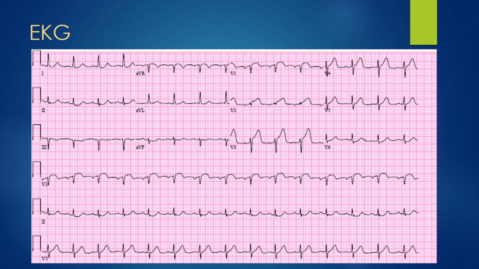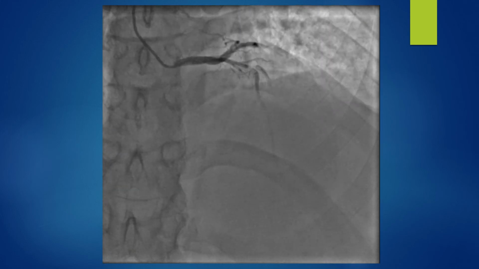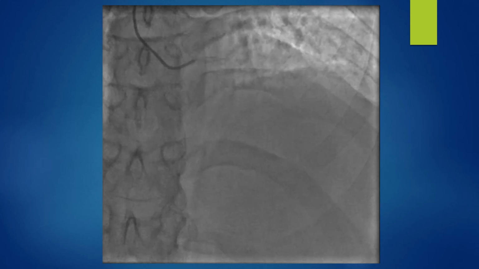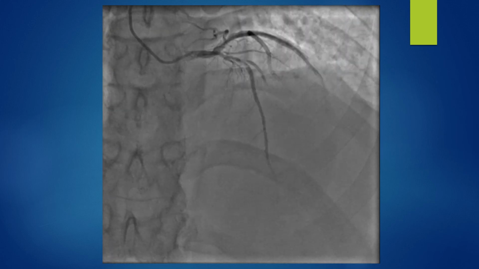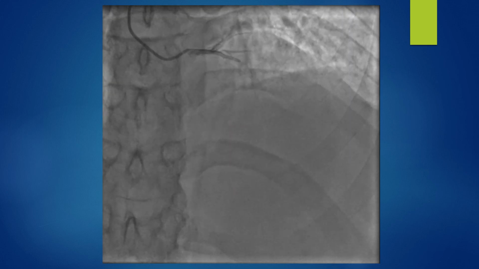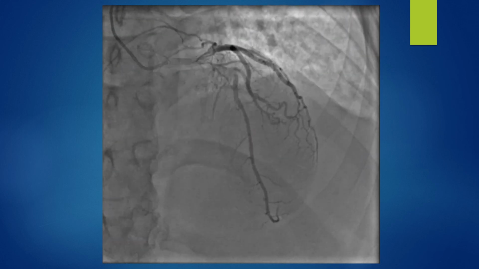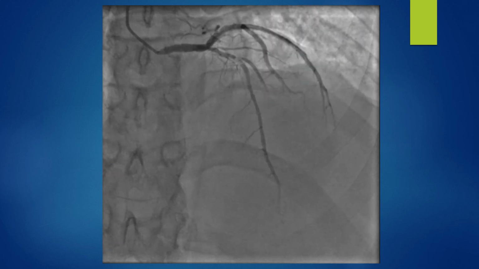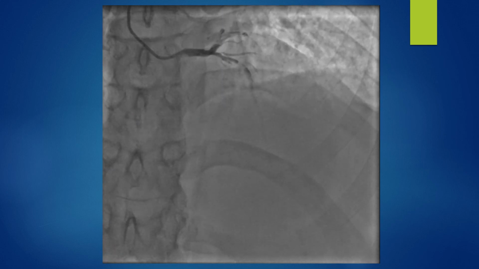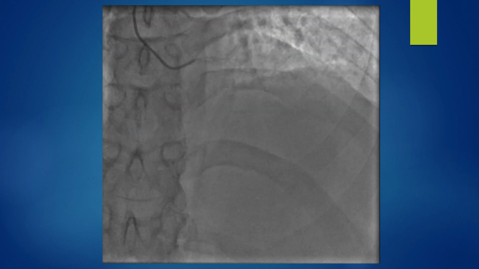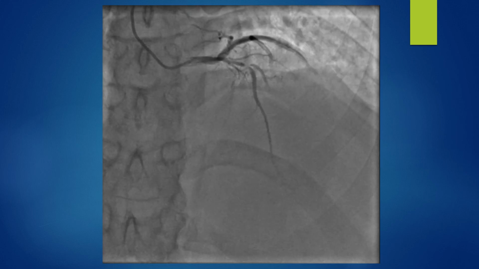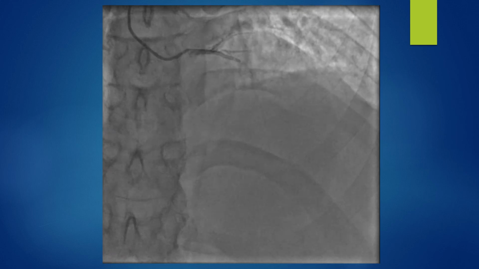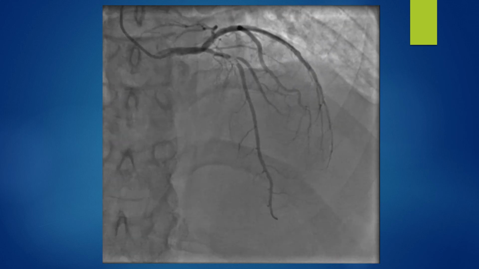His EKG shows acute anterior ST elevation myocardial infarction. His diagnostic angiogram was performed using a right radial approach and 6 French slender sheath, a 5 French catheter, showing a thrombus and subtotal occlusion in the mid LAD extending into the second diagonal branch with TIMI 2 flow downstream.